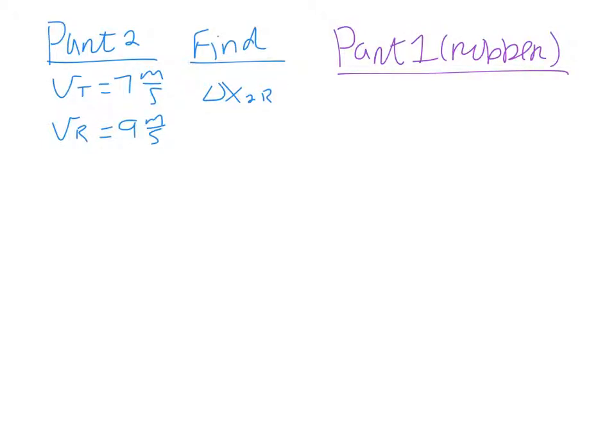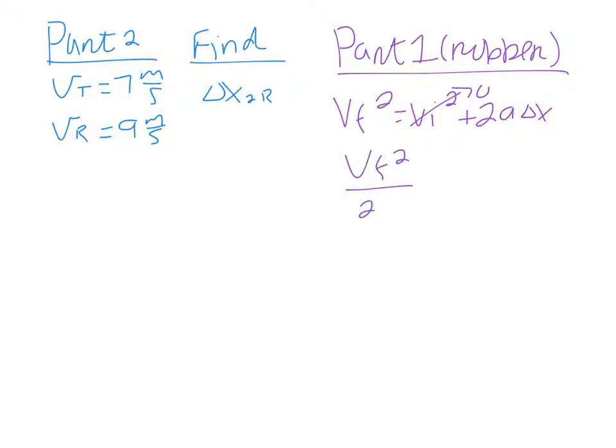We know his initial velocity, we know his final velocity, we know his acceleration. So for part 1 in the robber, we can use the no time equation to figure out delta x. V final squared equals V initial squared plus 2a delta x. He starts from rest. V final squared over 2a equals delta x.